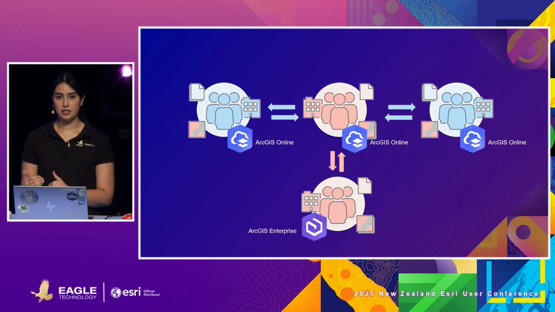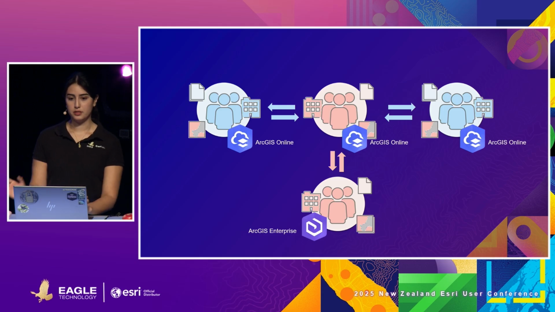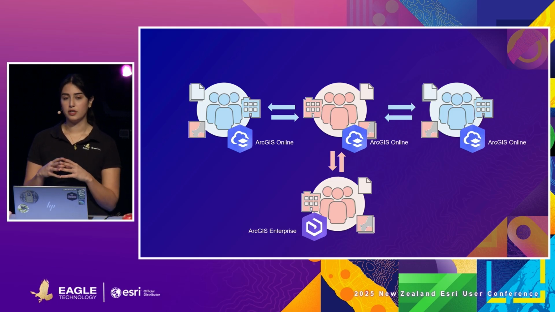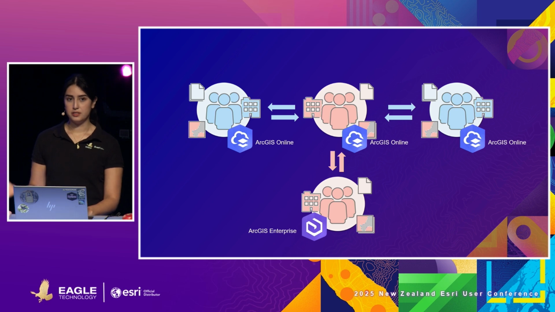Syncing these organizations can enable these workflows more easily. And then their ArcGIS Online organization can have two or more partner collaborations. So say they're working on a project with different stakeholders, these agencies can be partnered up, so then they can work more closely together.